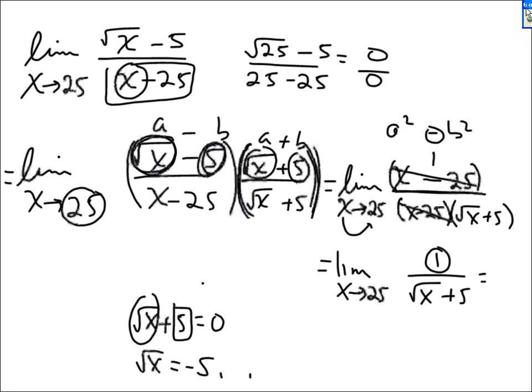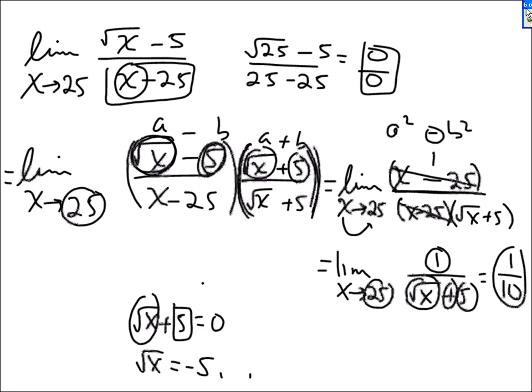Well, 1 is 1, and x is 25. The square root of 25 is 5, plus 5. 5 plus 5, 10. So 1 over 10. So here, the clear example where 0 over 0 was 1 over 10.